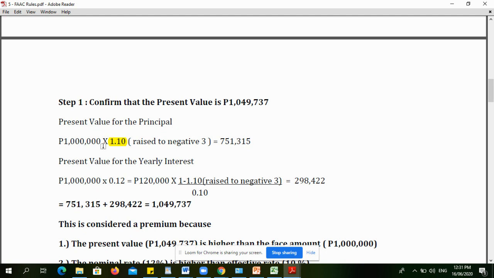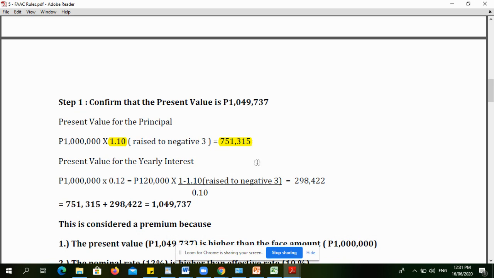Or pag nasa calcu, 1 million divided by 1.1, divided by 1.1, and again divided by 1.1, equals 751,315. So this is for the principal.